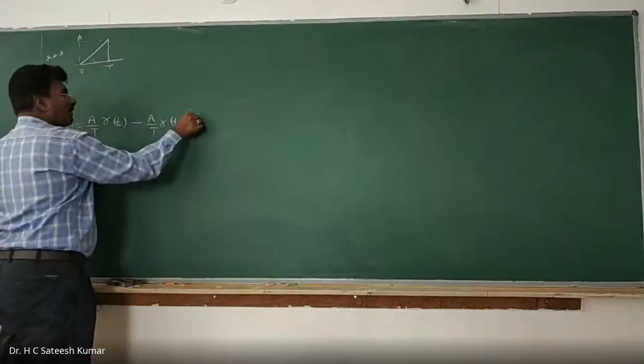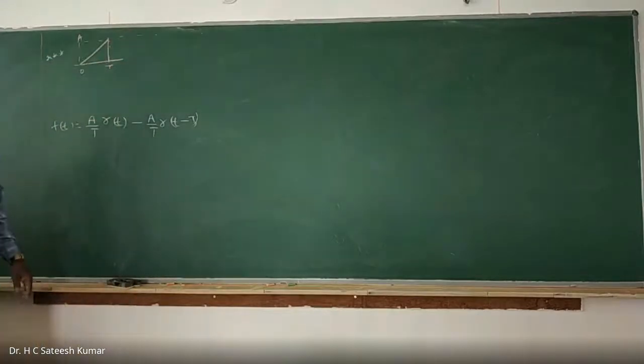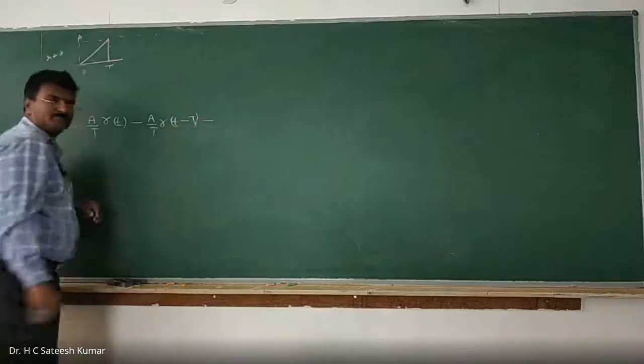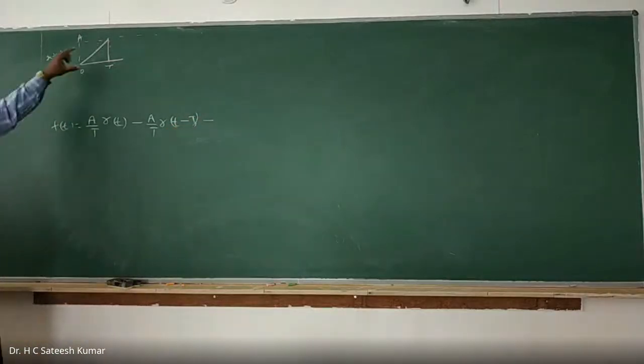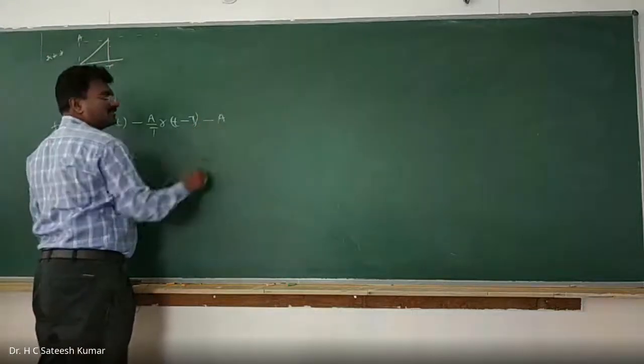Now, if you stop at this level, it will go like this. But I want to come down by one step. Come down by how many units? A units. Minus A into one.